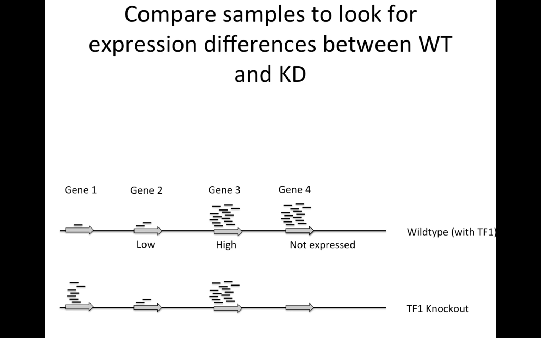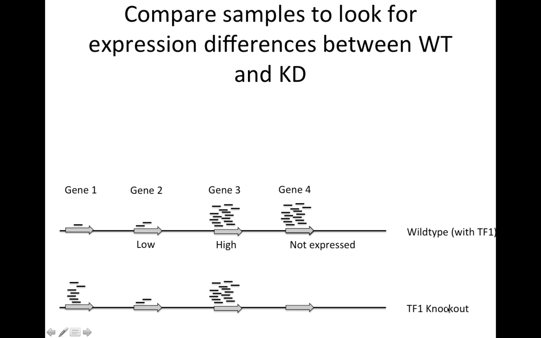So one way we could do this, we could compare samples. One where we have a wild type that has some transcription factor, some protein that binds to the gene and influences its regulation, and then a sample that does not have this.